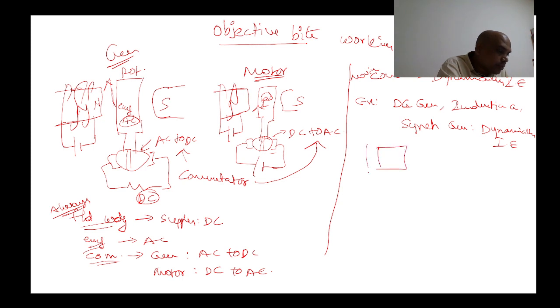But coming to transformers, which type of supply are you giving? AC supply. AC current passes through the coil, so a magnetic field is developed. That time-varying magnetic field cuts the coil, so EMF is induced. This EMF is statically induced EMF.